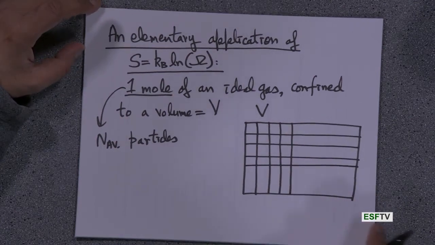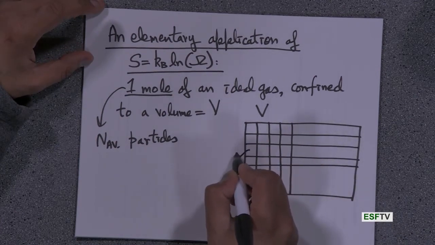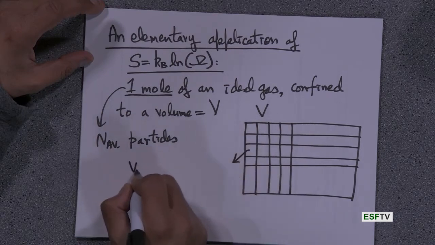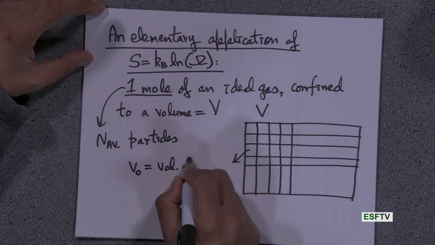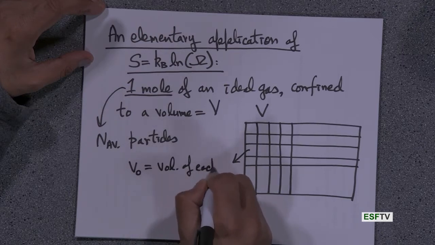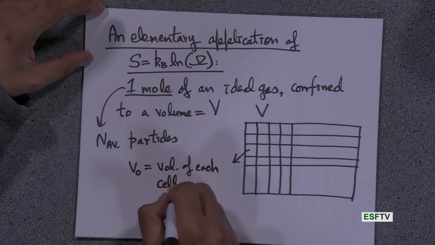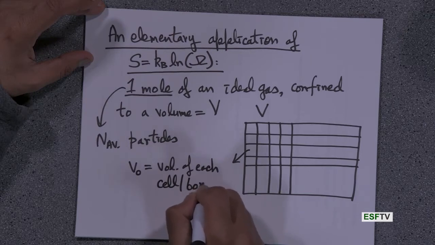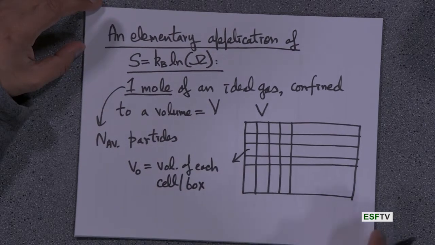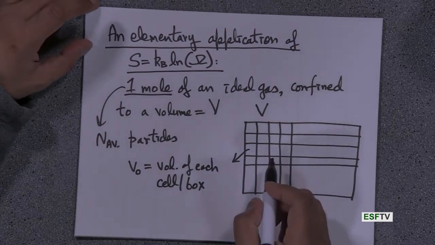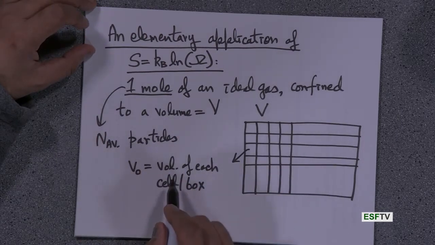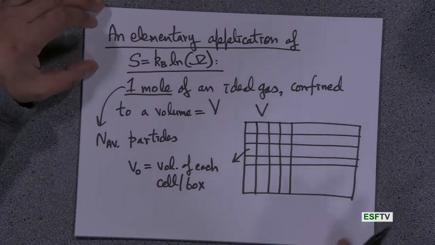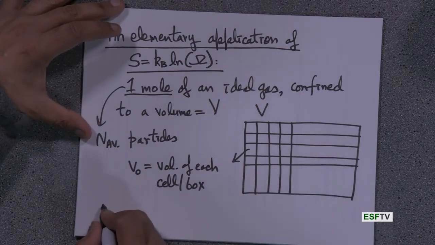And let's say each of these little boxes has the volume, I'll call that V0, V subscript 0, equals volume of each cell or box. Okay. And now what we do is we count the number of ways we can put Avogadro number of particles into all of these cells that we have. So let's see.